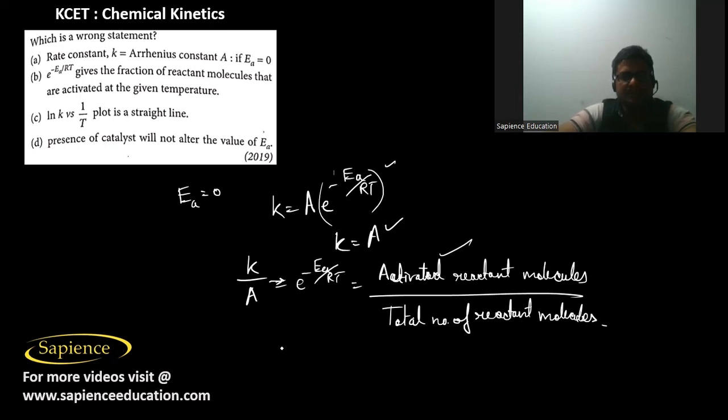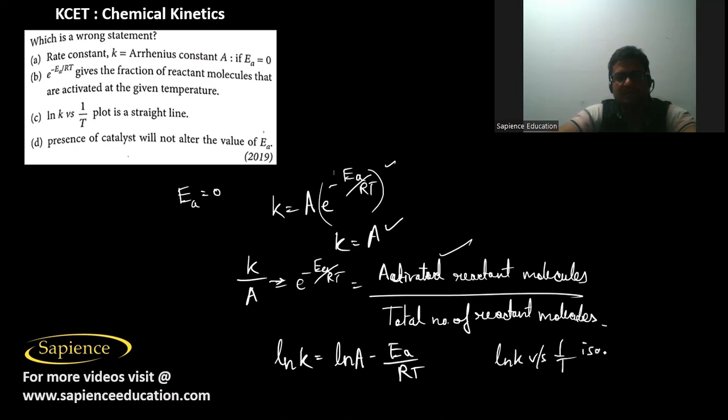Now if I write ln K will be equal to ln A minus Ea by RT, therefore the graph of ln K versus 1 by T is obviously a straight line graph. And the statement that the presence of a catalyst will not alter the value of the activation energy is false.